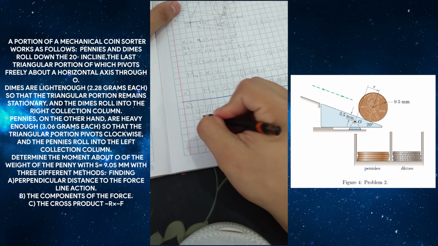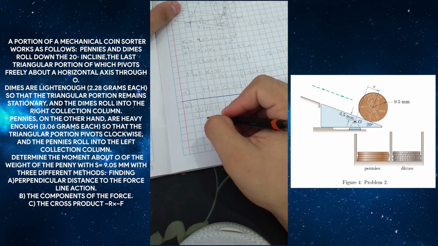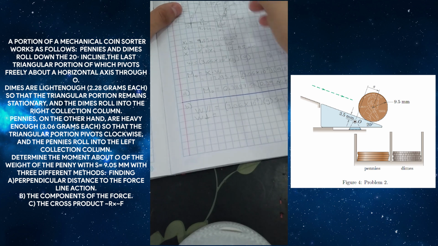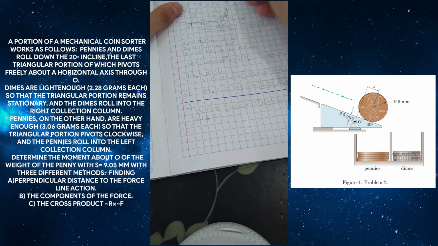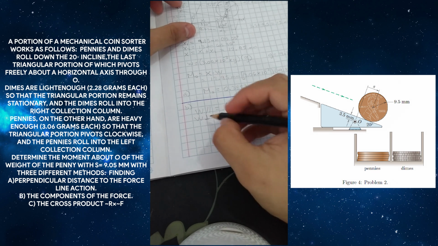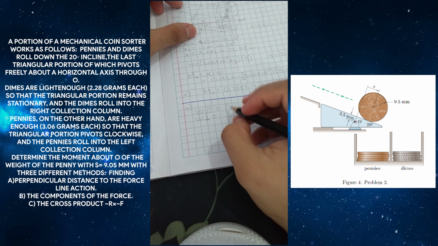And the component that is perpendicular to the inclined plane, as we can see, this side of the triangle is not the opposite, it is the adjacent side.